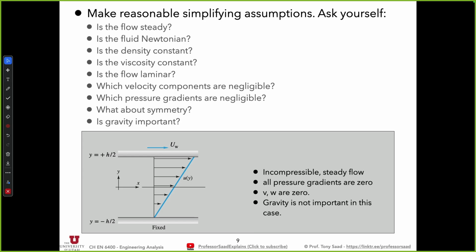So the flow is incompressible, steady, all pressure gradients are zero, v and w are zero, gravity is not important. Now, if gravity were important, it would be acting in the y direction, agreed? But then we said that the v velocity is zero, so gravity would only be balanced by pressure in the y direction. It still wouldn't affect the axial velocity profile.